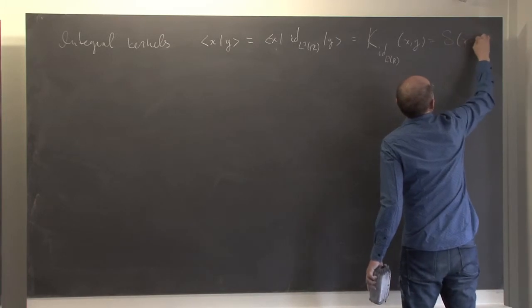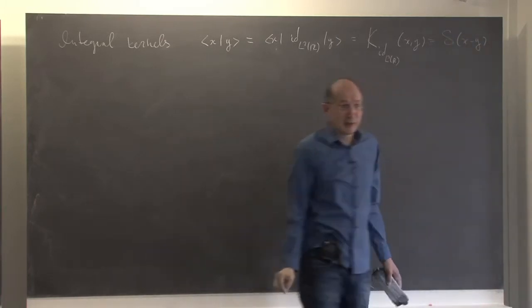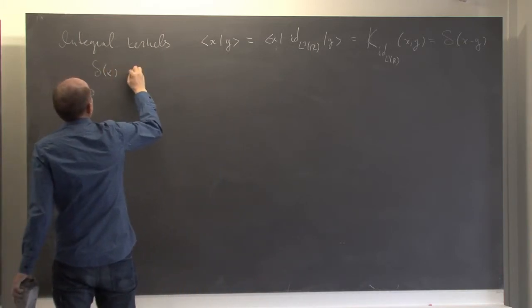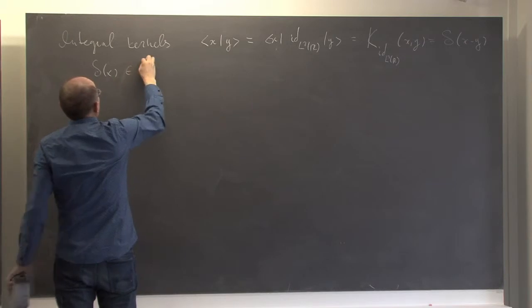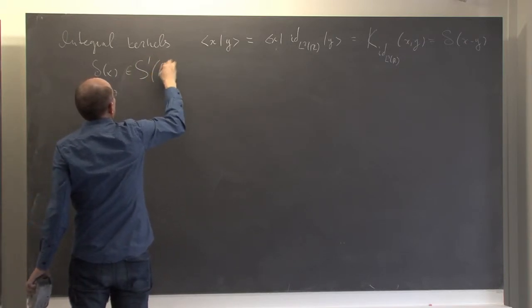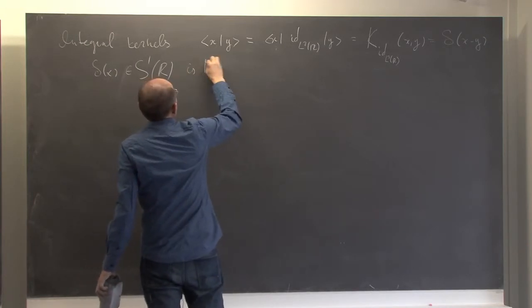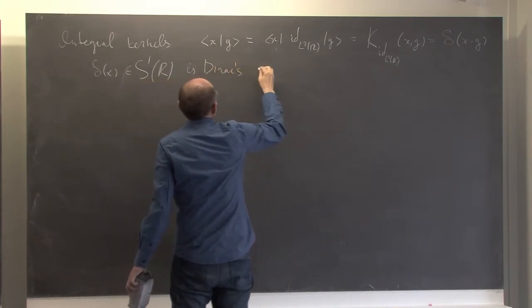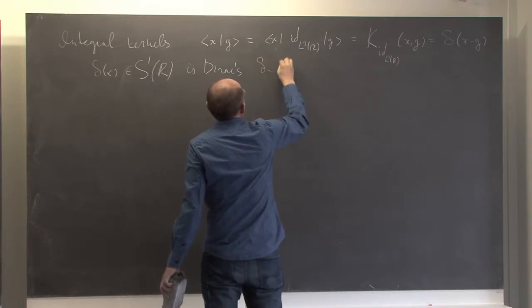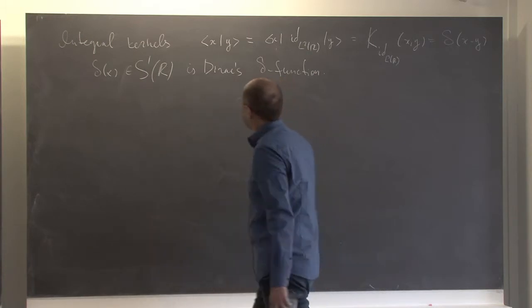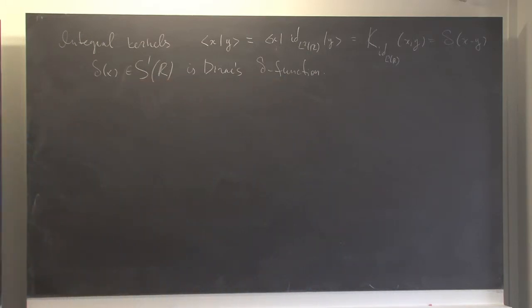It is something called delta of x minus y. Right? So delta of x is an element of S prime of R. It is Dirac's delta function. But coming back to mathematical terminology, it's a delta distribution.